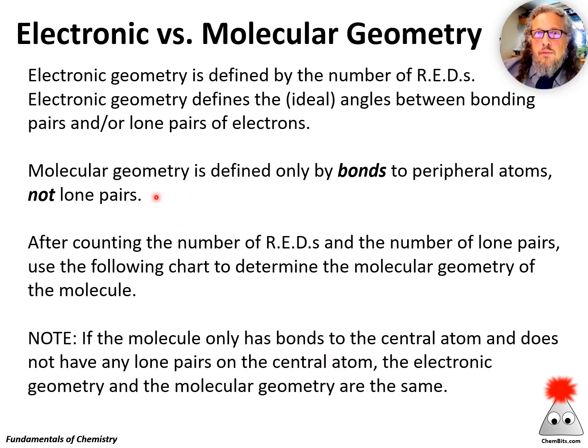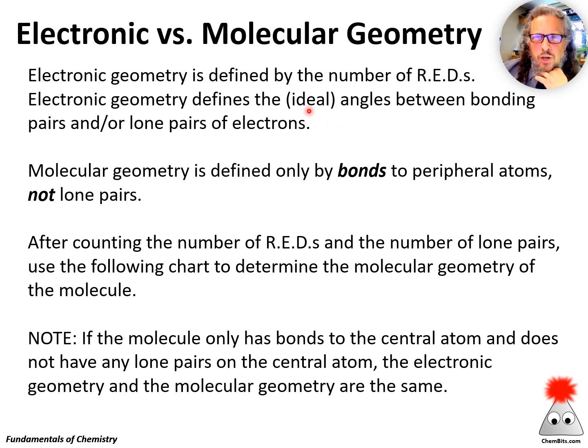Now, I've been very careful to always talk about electronic geometry, because the electronic geometry is something that's defined by those valence shell electron pair repulsion interactions. Once we know the electron geometry, we know the ideal angles in the shape that we're dealing with.